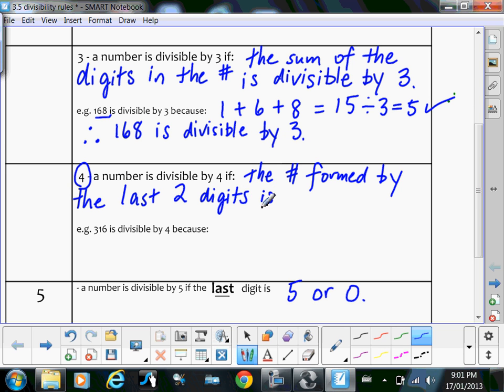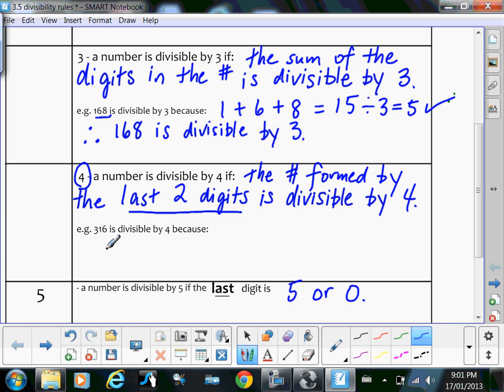It's not as cool of a trick as the divisibility rule for 3, but still it will come in handy. So I'll repeat that. A number is divisible by 4 if the number formed by the last two digits is divisible by 4.